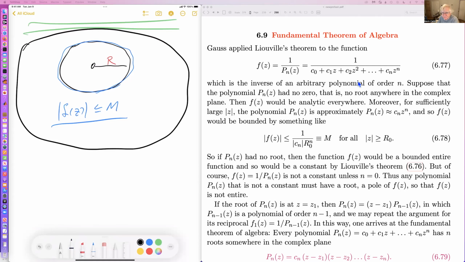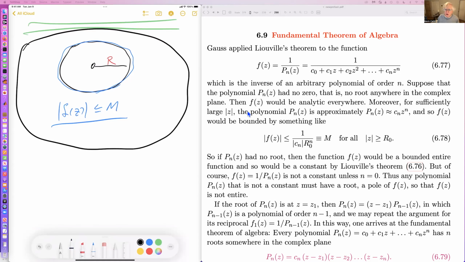And of course, it's a polynomial in a complex variable z. Well, suppose that the polynomial had no root anywhere in the complex plane. Then the denominator would never be 0, and it's just an inverse of a polynomial, so f would be analytic everywhere.